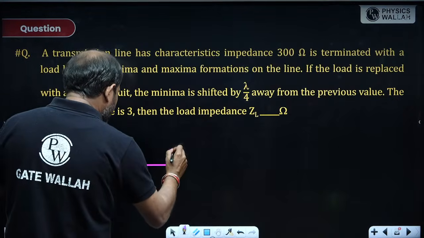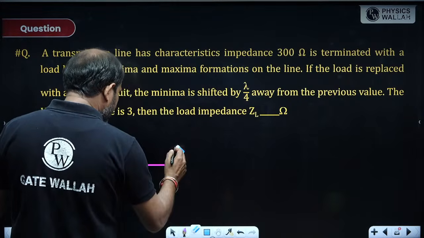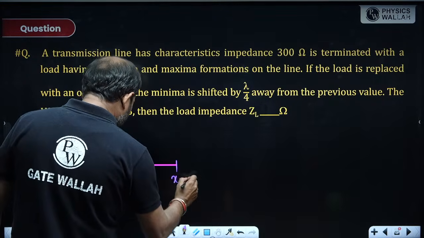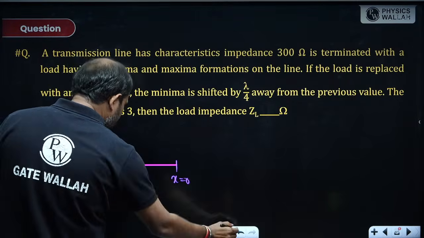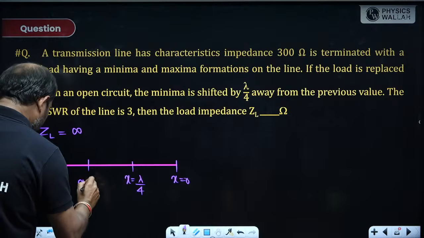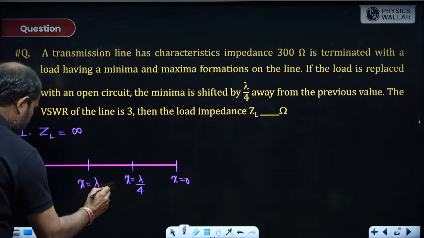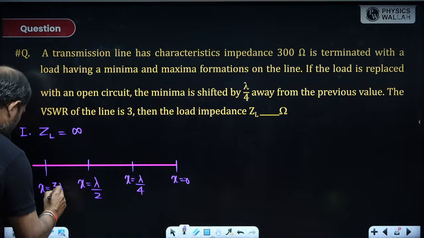So at x is equal to 0, what do we have? x is equal to 0, x is equal to lambda by 4, x is equal to lambda by 2, and x is equal to 3 lambda by 4.